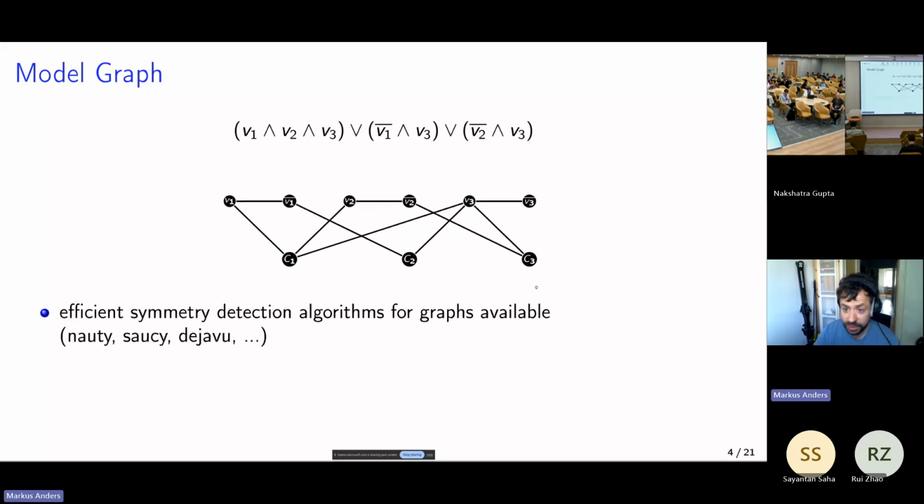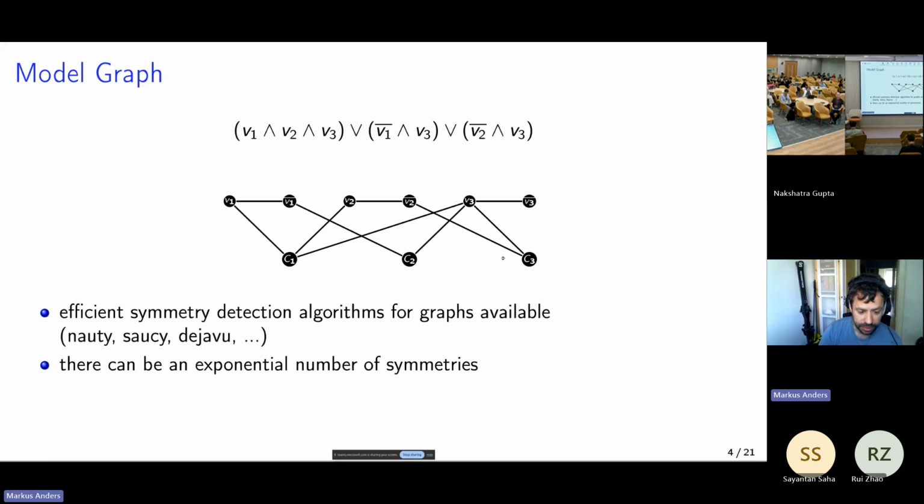Now, why do we do this? Why do we turn formulas into graphs? Well, because we have efficient algorithms to do symmetry detection on these graphs. In particular, we have efficient practical algorithms that do this. Now, to collect a few more facts about symmetries of graphs or formulas: first of all, there can be an exponential number of symmetries in the size of the graph or the formula.